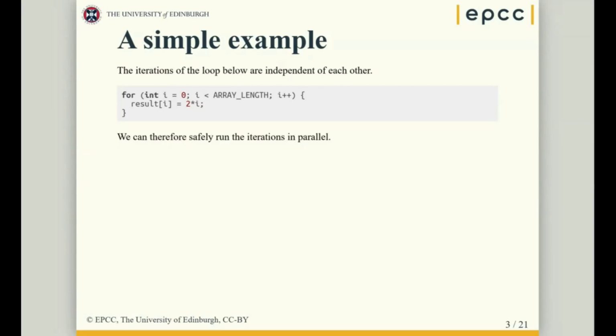What I'm doing here is that for each position of the array result, I'm multiplying the position by 2. You can see here that this is very important for GPUs, and to gain a good performance, if possible.